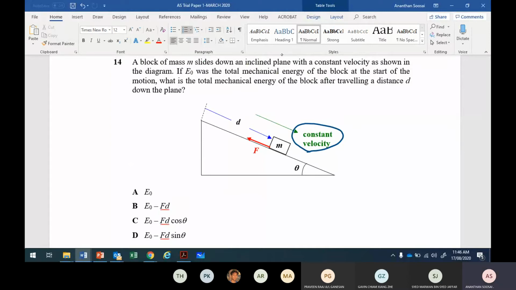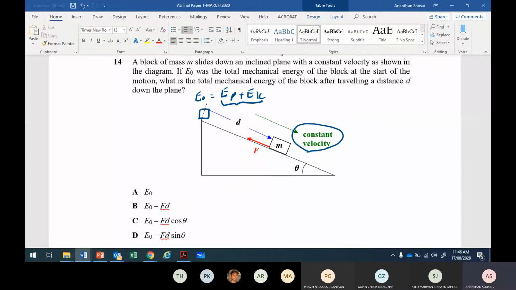Okay, this is tricky. Block m slides down at constant velocity as shown in the diagram. E naught means mechanical energy, which means the potential energy plus the kinetic energy. When it's at the top, it has a certain EP and EK.